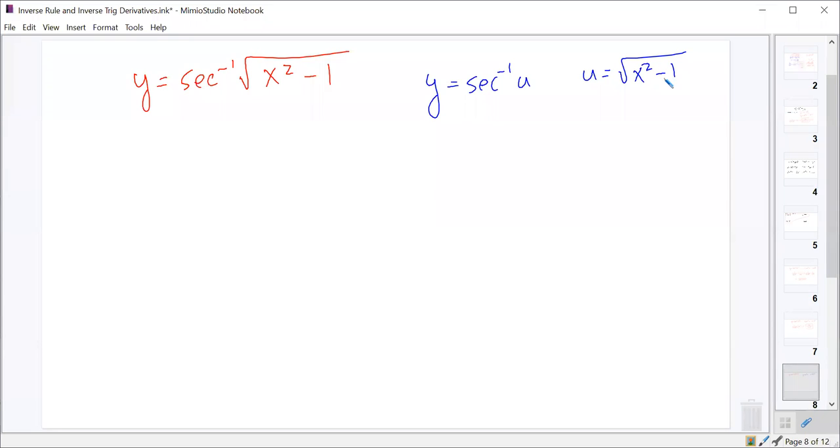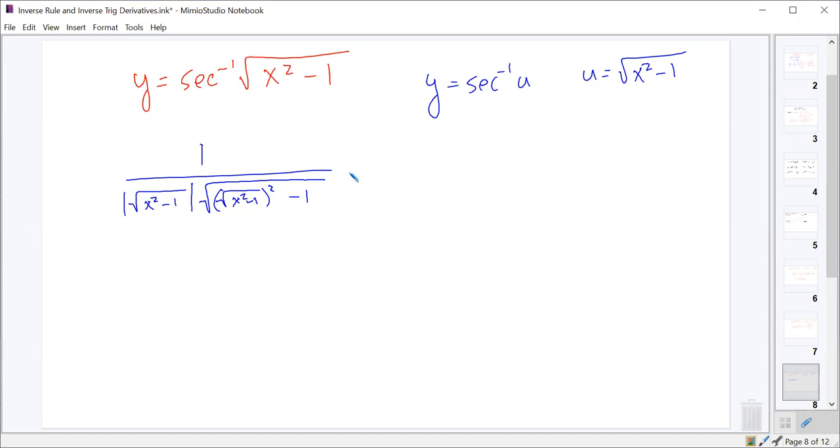And the derivative of inverse secant of u should be 1 over the absolute value of u times the square root of u squared minus 1.